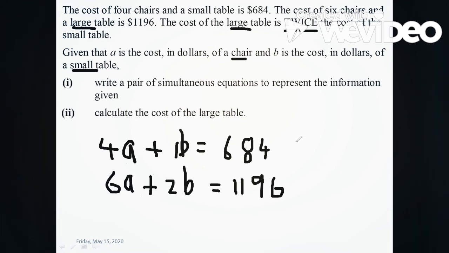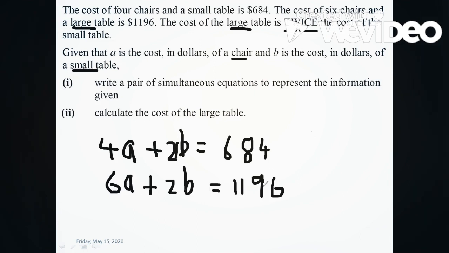So I'm going to multiply equation 1 by 2. But why? Look, if I have a 2b right here and a 2b down here, and I subtract those two b's, it's going to disappear.